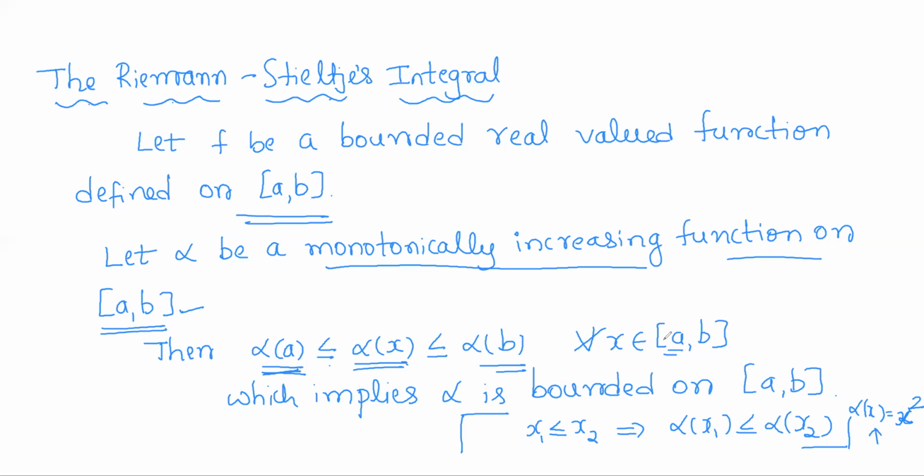So for any intermediate points, alpha of x will always be in between alpha of a and alpha of b. So this is the lower limit and this is the upper limit for all alpha x. So that shows that the set of all images is bounded below by alpha of a and bounded above by alpha of b, which shows that the function alpha is bounded. So the function alpha is bounded, right?